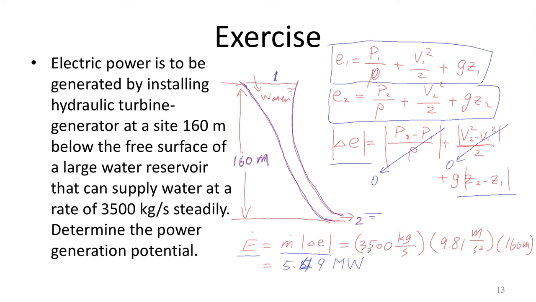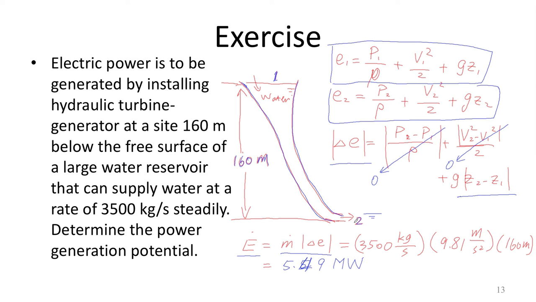So this, technically speaking, is the difference in the rate of mechanical energy flow between point 1 and point 2. The reason that the mechanical energy flow rate would change is because that mechanical energy has been converted to something else.